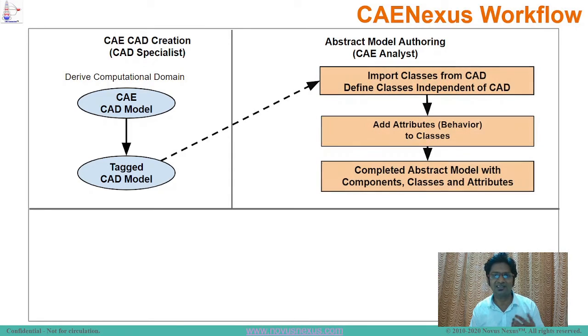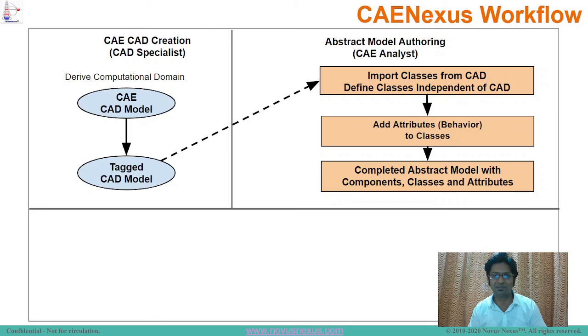On the other hand, the analyst will author the abstract model file, and for that they will import the classes or the string parameters from the CAD model into CAENexus. Those imported classes or string parameters will act as the abstract geometric entities.